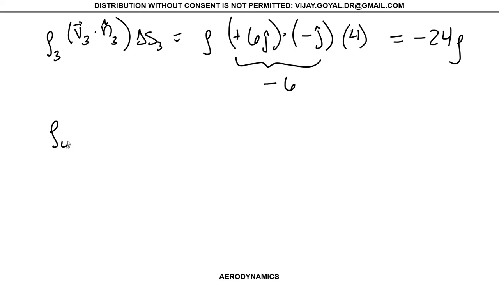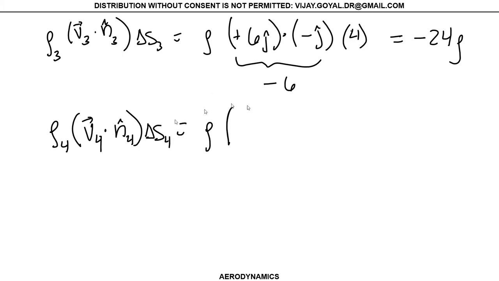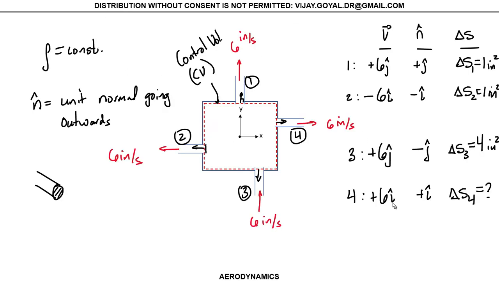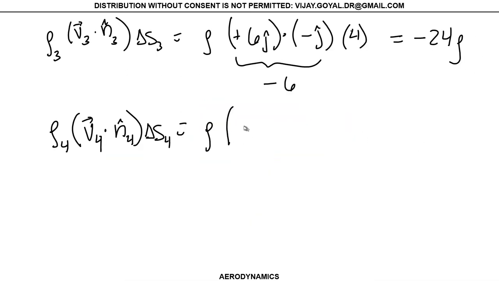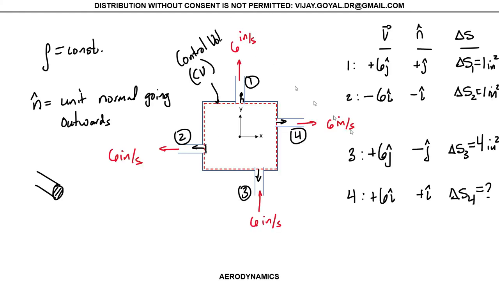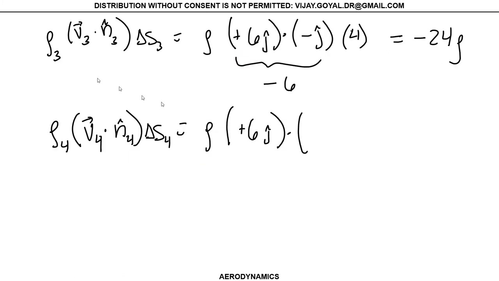Let's go to the last one. The velocity V4 and N4, delta S4. Okay, so this will be rho, and V4 will be 6I plus I dot I, and this I do not know, right?